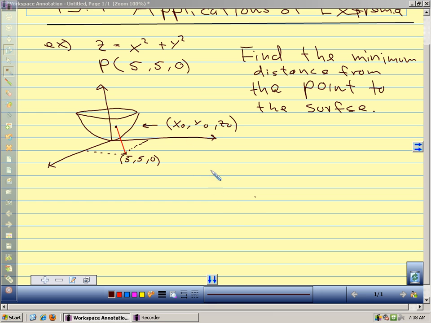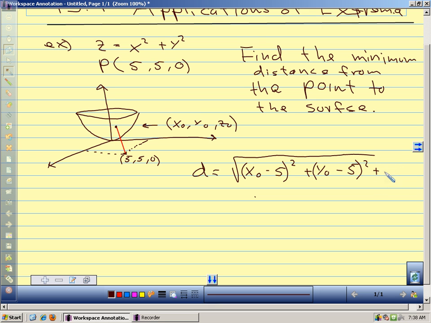The distance is the square root of x sub 0 minus 5 squared plus y sub 0 minus 5 squared plus z sub 0 minus 0 squared, right?